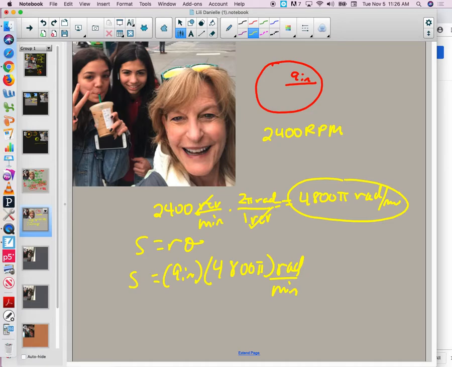Which one's dimensionless? Radians. I needed it to be in radians, but now I can just ignore that word. It's a ghost. It can come in and out of the problem as I need it. It's mainly there to make sure you're in radians. Now you can change inches per minute into miles per hour for the rest of the problem.